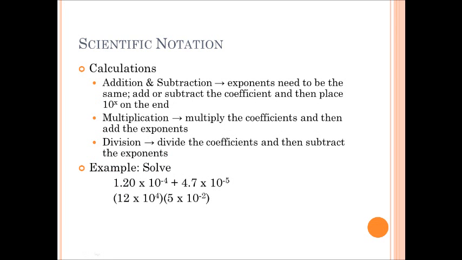Alright, when you're adding and subtracting or multiplying and dividing with scientific notation, it's a little different than normal numbers. Addition and subtraction, you have to have the exponents be the same value. And you can move the decimal to make the numbers go up or down. If you move the decimal to the left, the value of your exponent gets bigger.